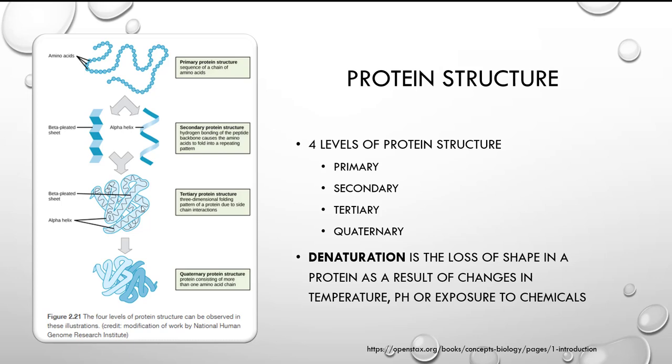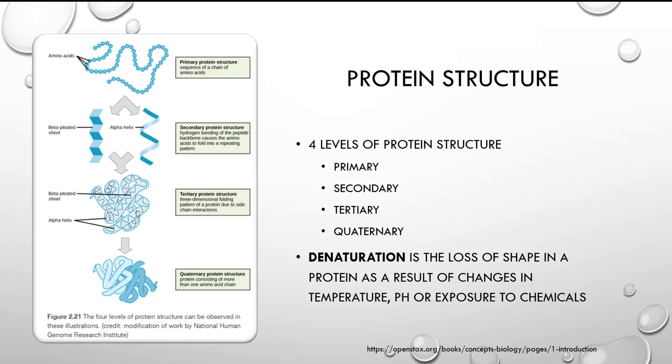Now, because it's so complex, it can be affected by the environment. Our proteins can become denatured if they're exposed to changes in the environment. If there is a change in temperature, they can become denatured.